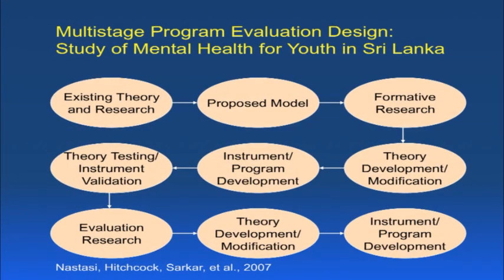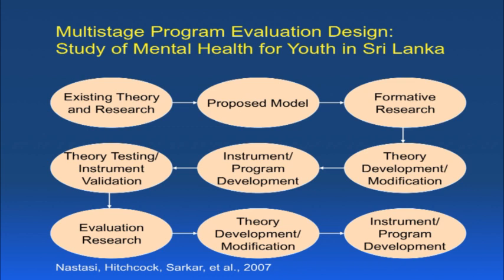Now, another framework is to put this within a large-scale, multi-year evaluation project of a program. So Natazi and colleagues did a study of the mental health of youth in Sri Lanka. It was an NIH-funded project. It lasted 3 years. And first they had a conceptual picture.